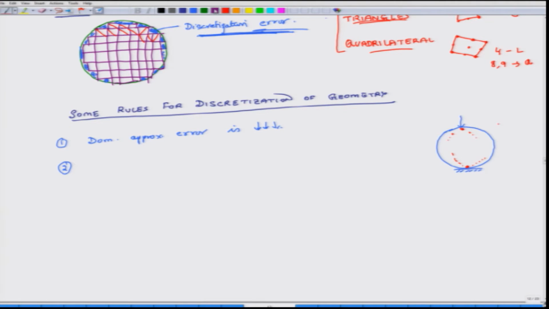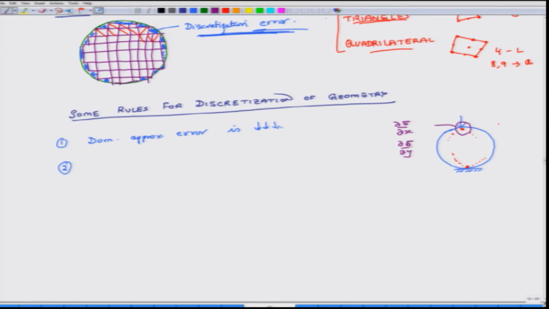okay, which means that in this region the gradient of stress, or even the gradient of u, displacement, will also be very large here, right.